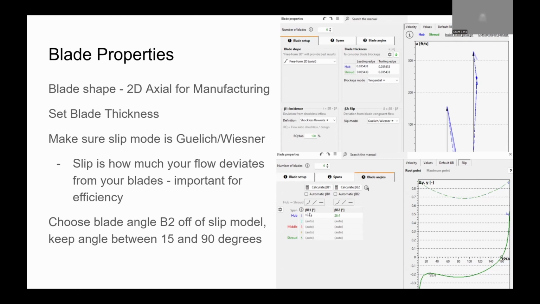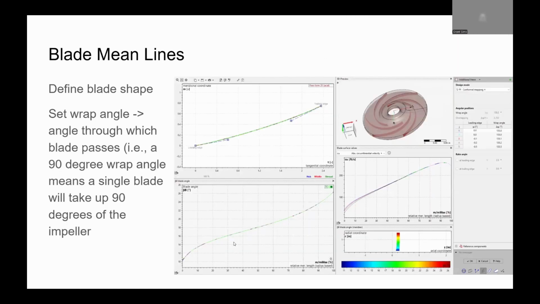And that's sort of how I work with building up the angles based on the slip factor. And then once you've got your slip factor figured out and you have your blade angles, this is your blade mean lines. This is the actual part where you get to see what your blades look like. The important thing here is obviously you want to have smooth graphs.